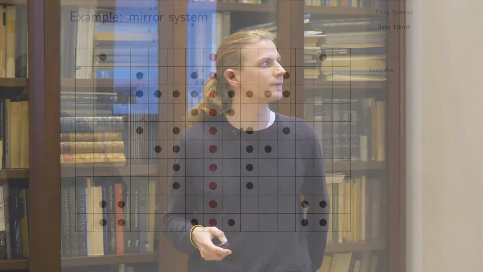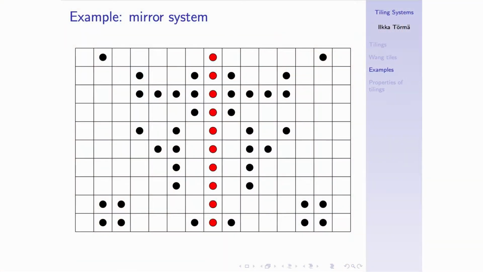So in the mirror system, you have a vertical line consisting of red dots, and then you also have black dots. And the left-hand side and the right-hand side of the red line must be mirror images of each other. And this is not possible to realize with Wang tiles. Here's an example of a configuration of the mirror system.